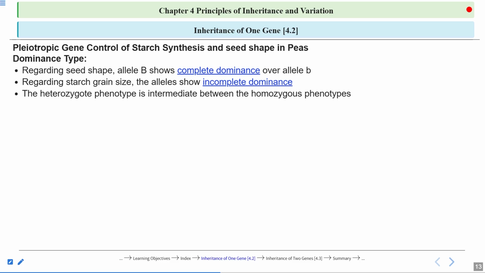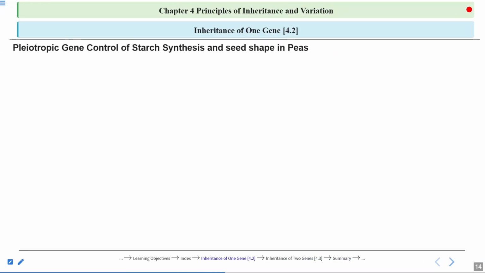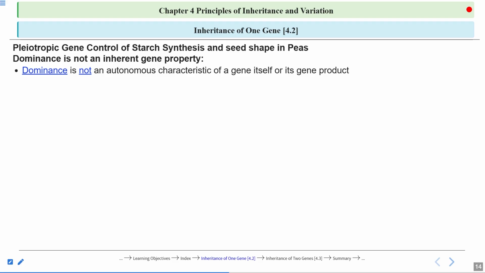This we have seen in the case of starch grain size. So you can say dominance is not an inherent gene property. Now what does this mean? This means that dominance is not an autonomous characteristic of the gene itself or its gene product. Dominance depends on multiple factors.